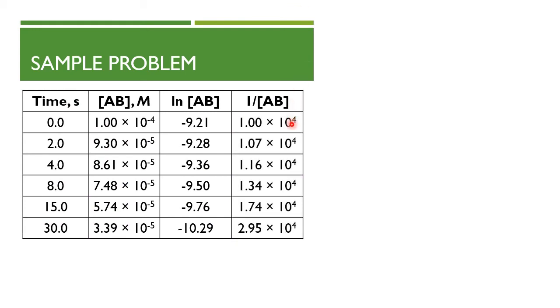Therefore, at time 0, the reciprocal of the concentration 1 times 10 to the negative 4 is equal to 1 times 10 to the power of 2. Doing the same for the other concentration values, we then have the following table already filled out.